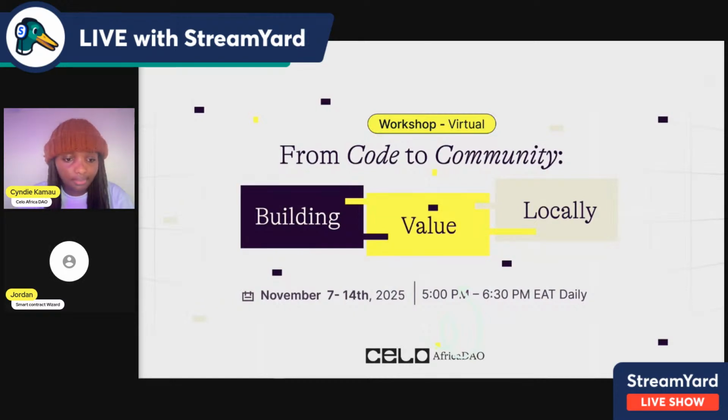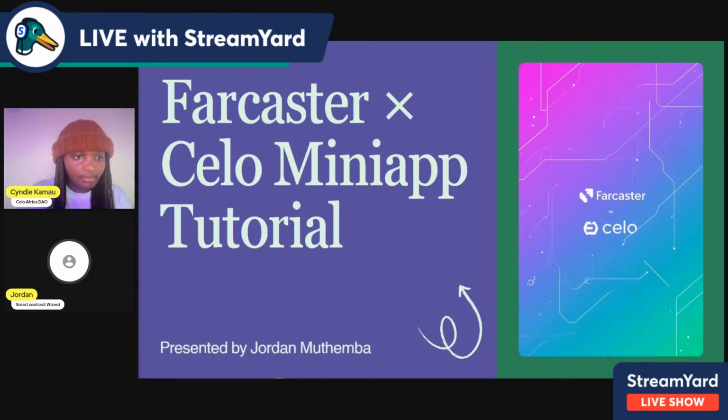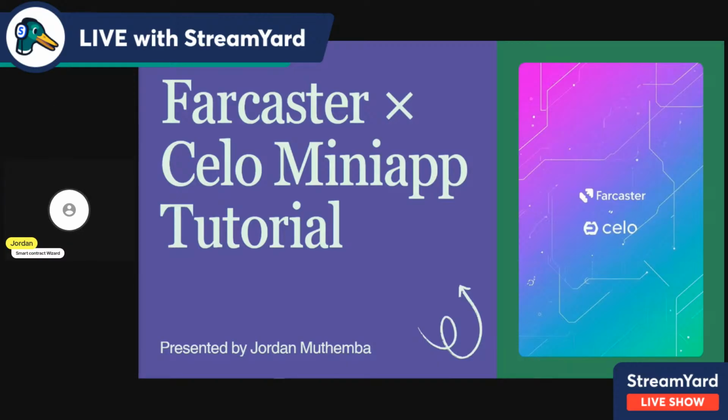We're going to go through Farcaster and Celo mini apps, the architecture, and what mini apps are. In Celo we have different ways to build mini apps: Farcaster mini apps, and mini apps on MiniPay.